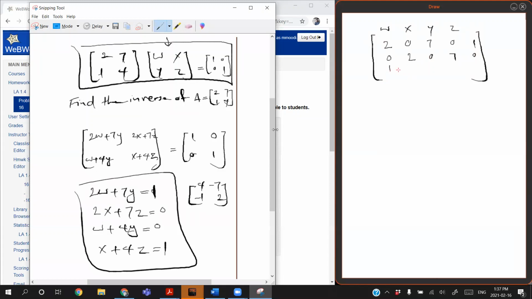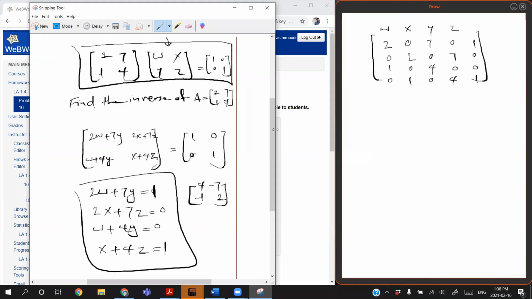Then I get 1, 0, 4, 0, 0. The last row becomes 0, 1, 0, 4, 1. So if you write down the augmented matrix, I think the rest is going to be easy. Do you understand how I got this augmented matrix? Yeah. Okay.